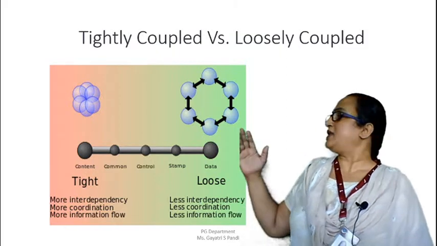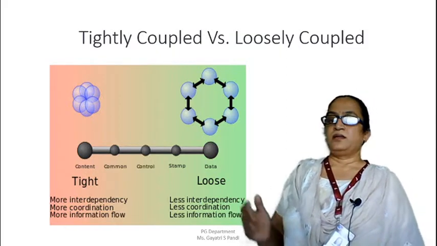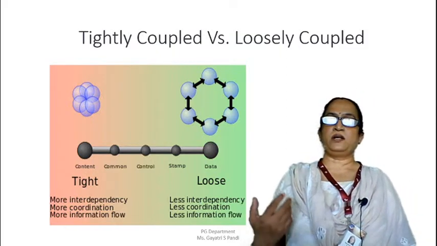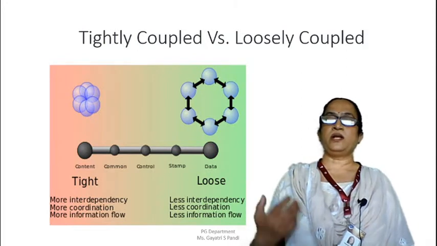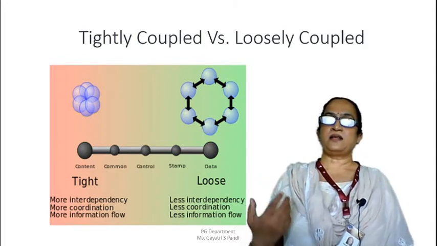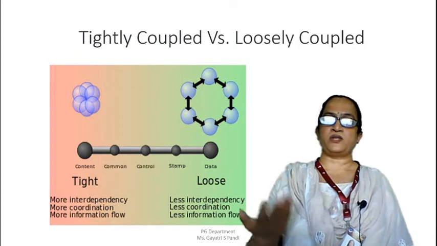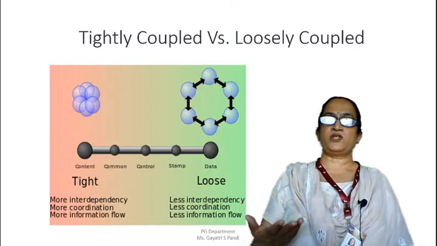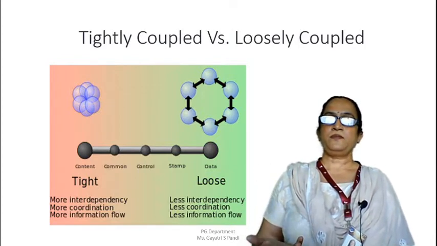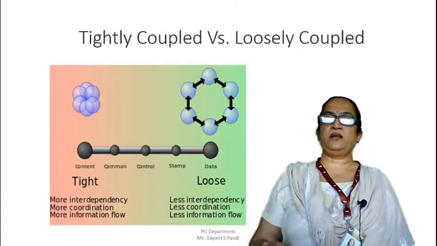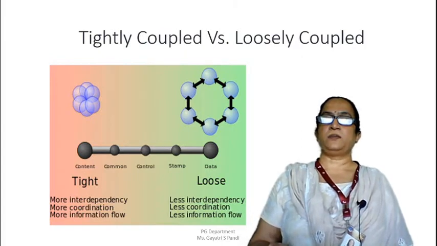Exactly opposite is tightly coupled. Tightly coupled components are more interdependent, they coordinate among themselves at a large level, that is why it is termed more coordination, and there is a lot of information flow among them. So this was a brief difference between tightly coupled and loosely coupled.